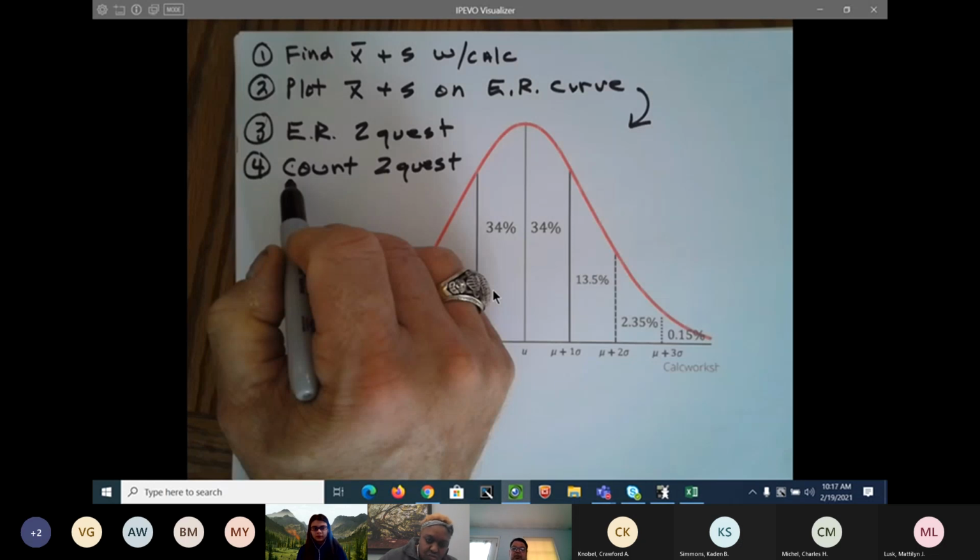But the main thing is number 1. Do not do this by hand. Do it using the first variable statistic and find X bar and SX. Okay, so that's why I'm going over this problem. I'm not going over it because it's a test question. I would never give you 50 numbers on a test.